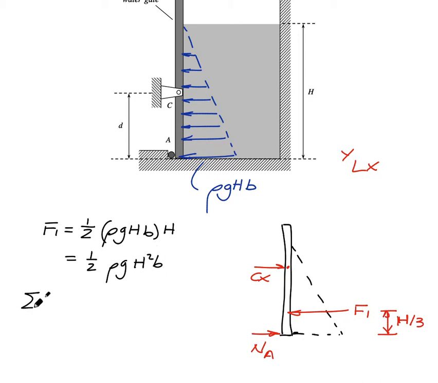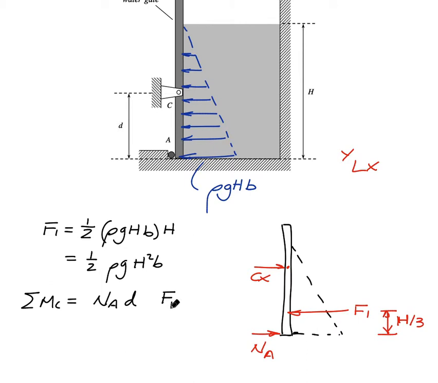Now I'm going to write down a moment equation about the hinge point there of C. I've got the contact force there at A on the bottom. That's going to have a moment arm of D. And then I will have the hydrostatic load there, F1.